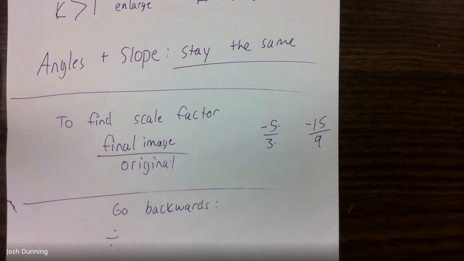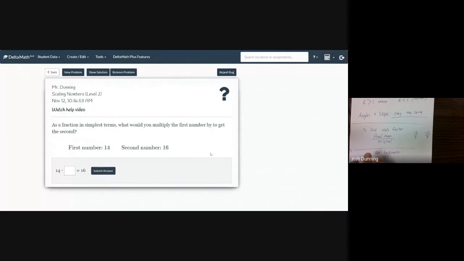Now, what this is asking us to do, let me go back to my presentation here. What would I multiply the first number by to get the second? So this is asking for the scale factor.